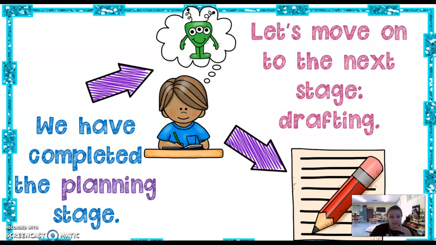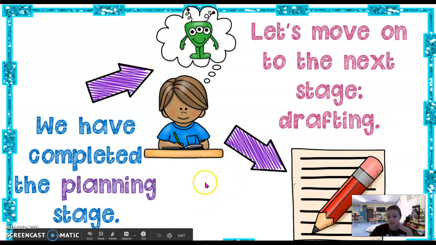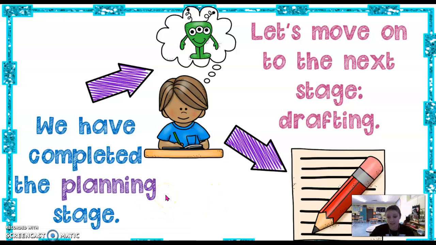So our next stage of writing is our drafting stage. And what I'm going to do is I'm going to take all of the pieces from my planning page and put them into sentences. After that's done, the next step in tomorrow's lesson is going to be to edit our writing or improve it, check for capitalization, punctuation, spelling, ideas, juicy words, all of that kind of stuff.